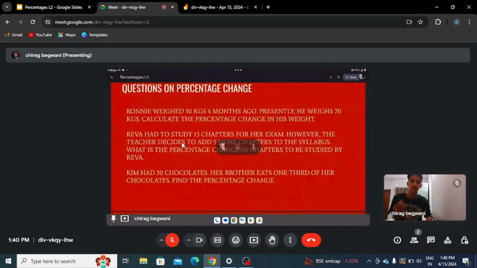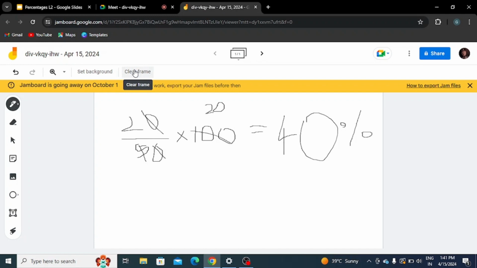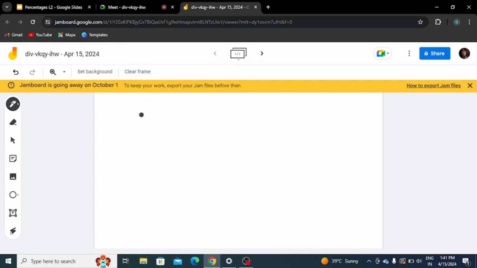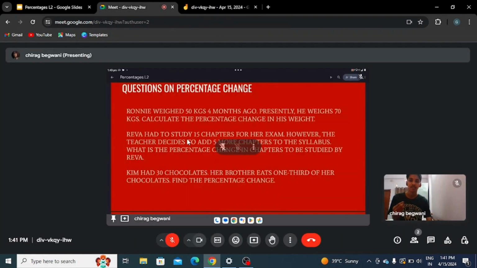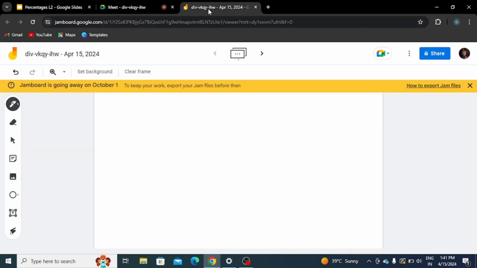So the original value is 15. Now here they've not given us the new value per se. They've just said that 5 are added. So if 5 are added, the new value becomes 20. So 20 minus 15 becomes 5.